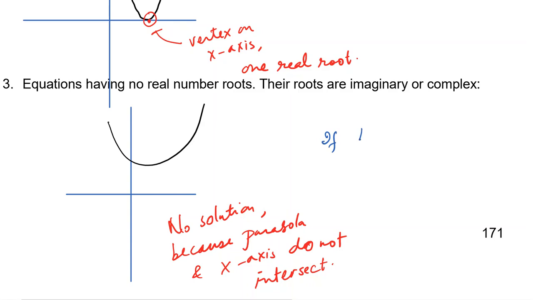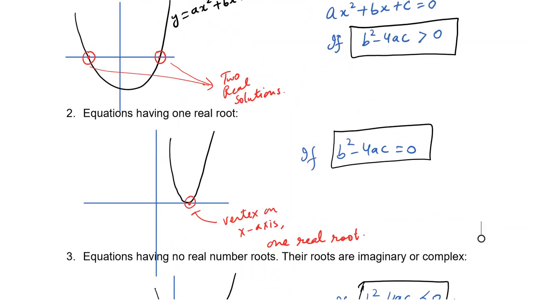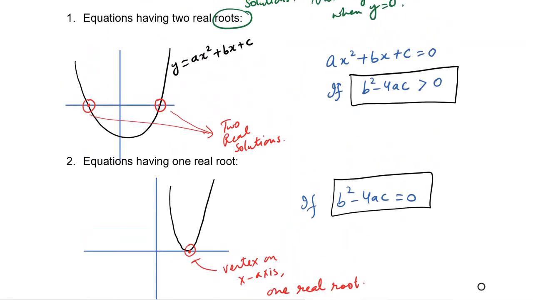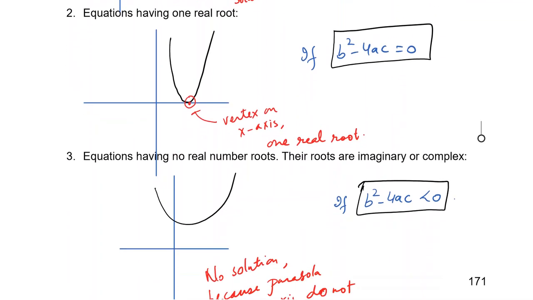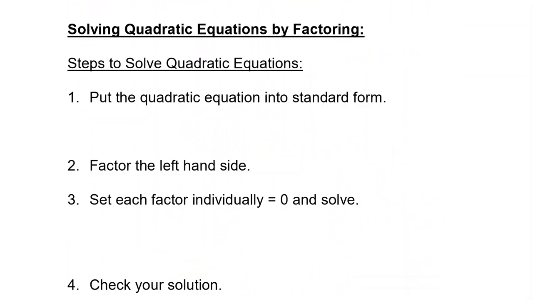Algebraically, this happens when b squared minus 4ac is less than 0. So we have discussed the three cases: a parabola can have two real roots, one real root, or no real solutions.